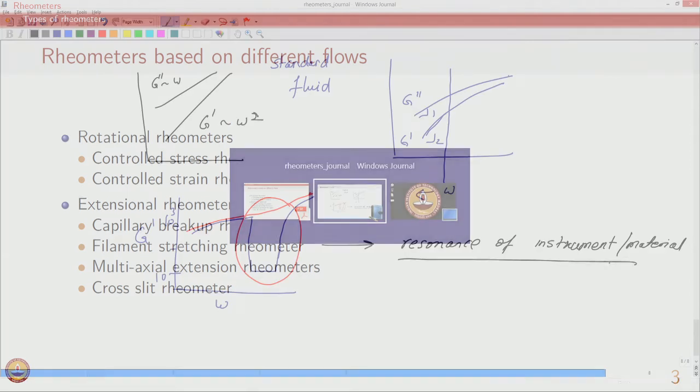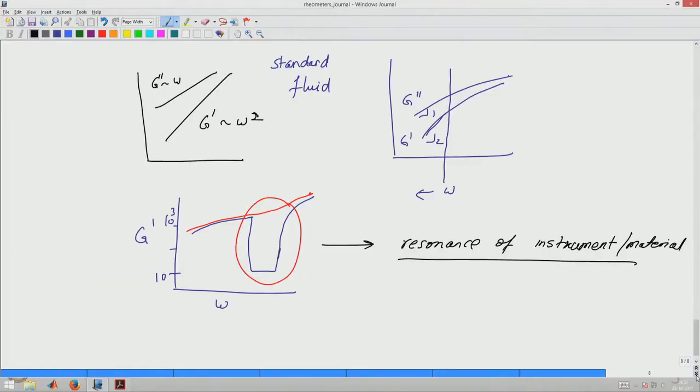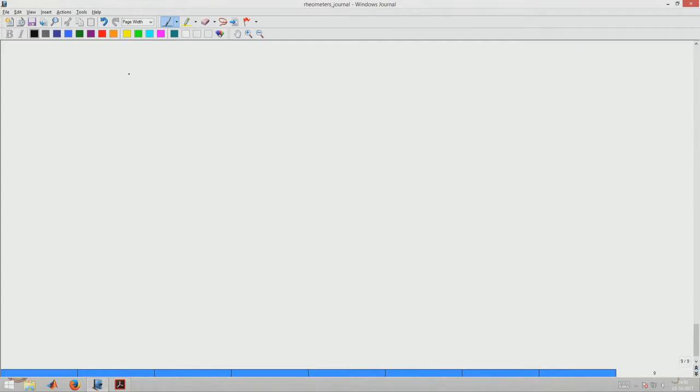What is done in this kind of instrument is you take a fluid sample between two plates, and in a quick motion you put the two plates apart and hold them at that location.